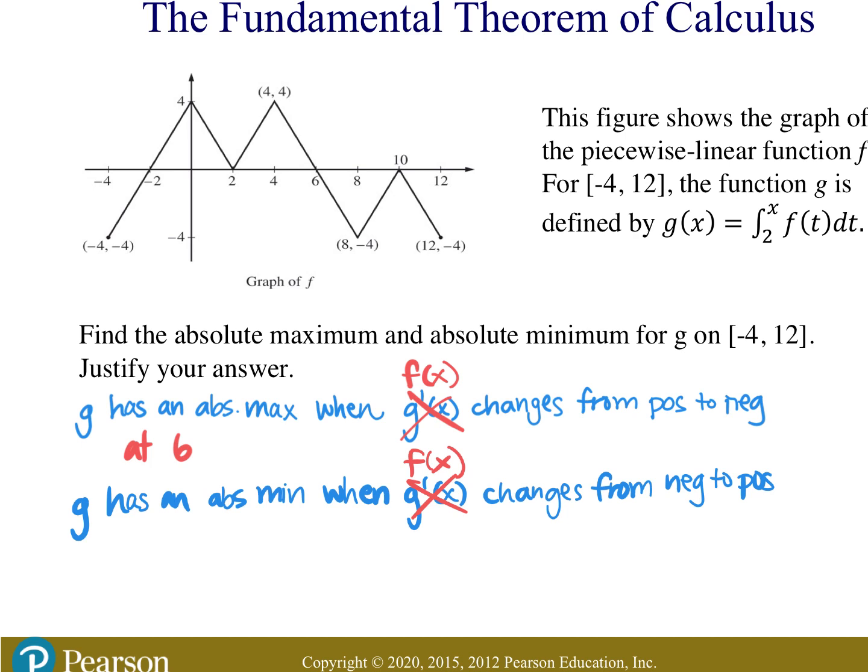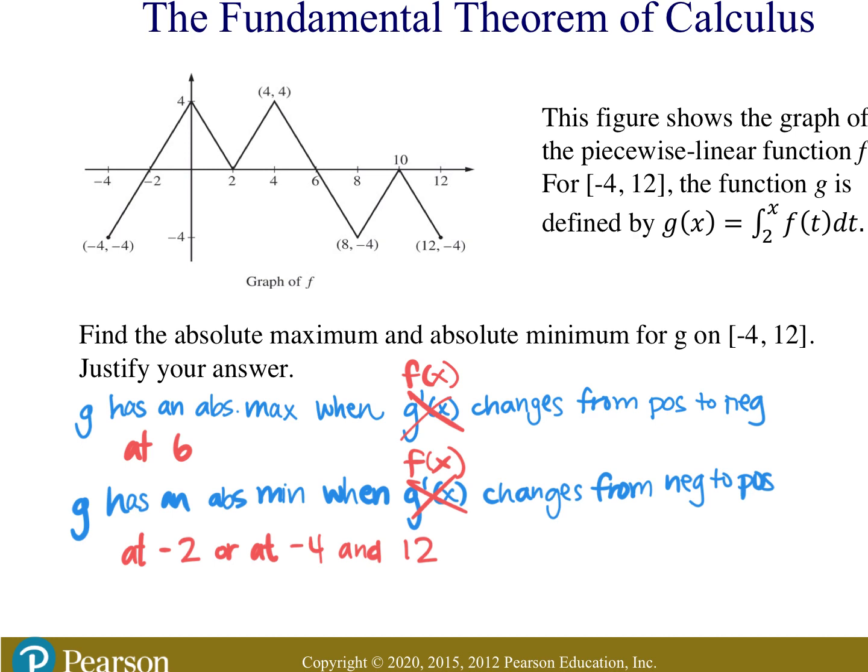Where? Okay, at -2, which is a possibility, but we also know that -4 is a negative value. We also know where else is a negative value? 12. That's the other endpoint.